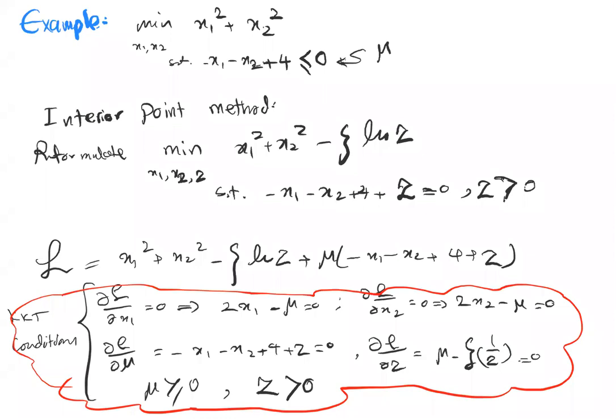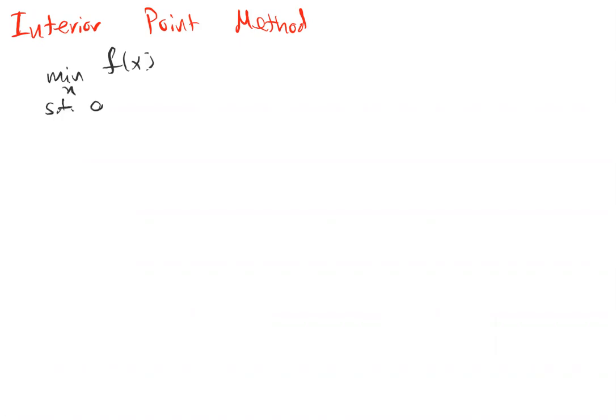In this lecture, we talked about the interior point method. The key idea was to transform an inequality constraint in nonlinear convex optimization into an equality constraint.